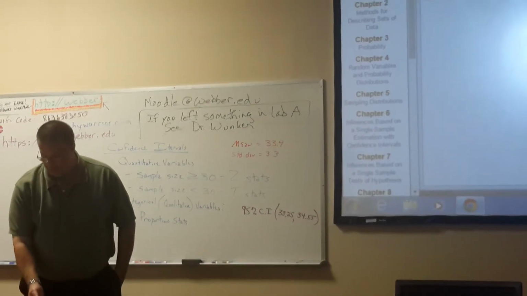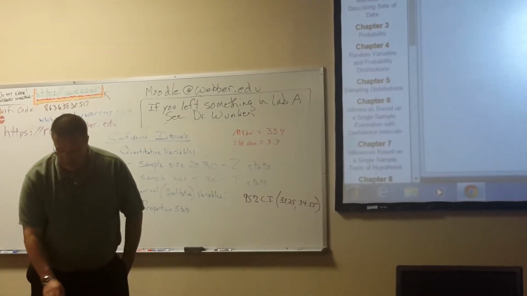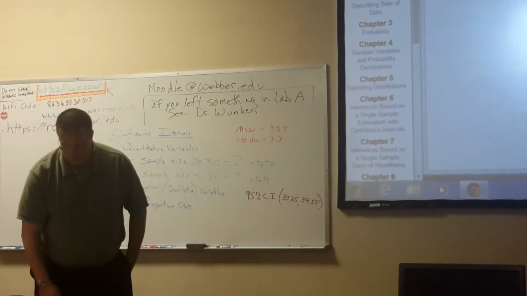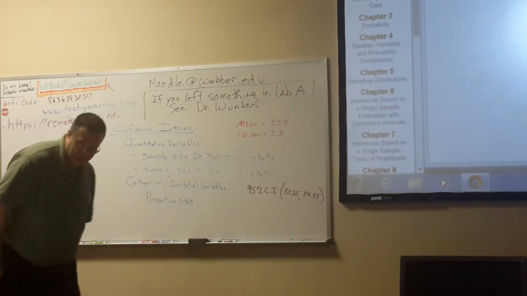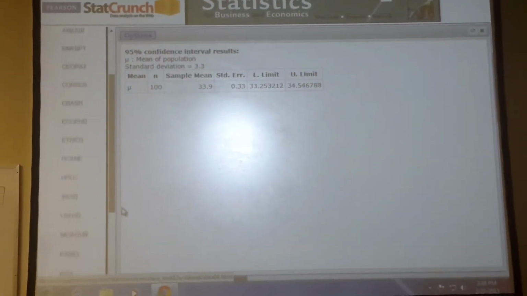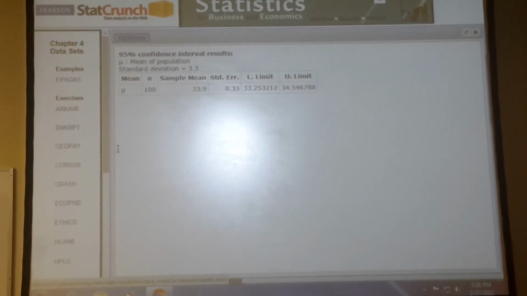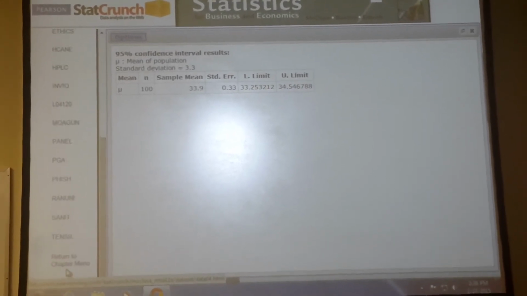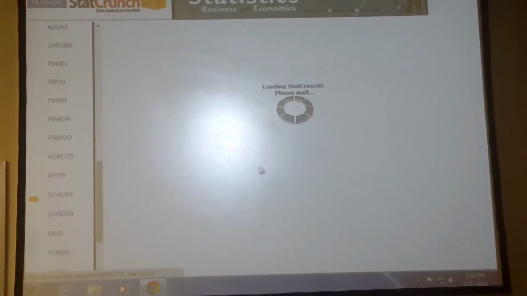I want to take a look at one more example here, and that is problem 6.33 on page 318. This one gives us a data file, and it is the file called rpipe here in chapter 6.